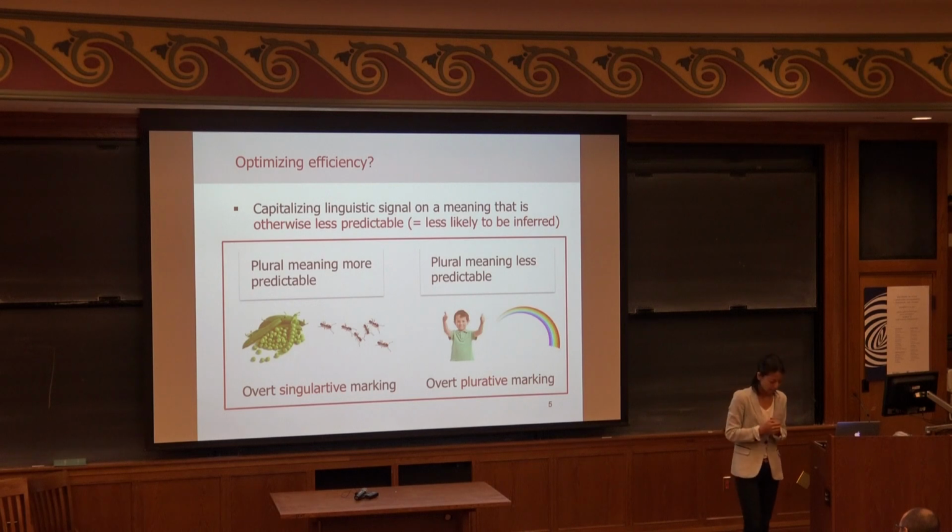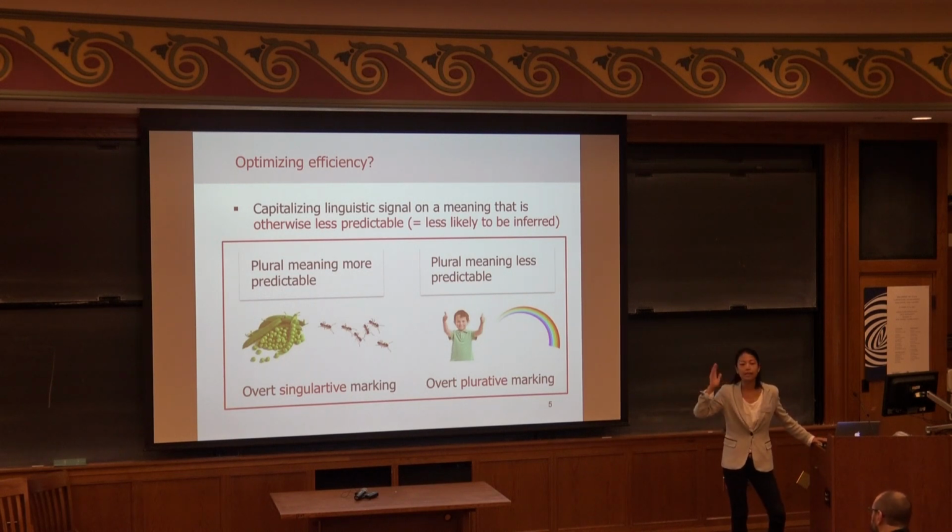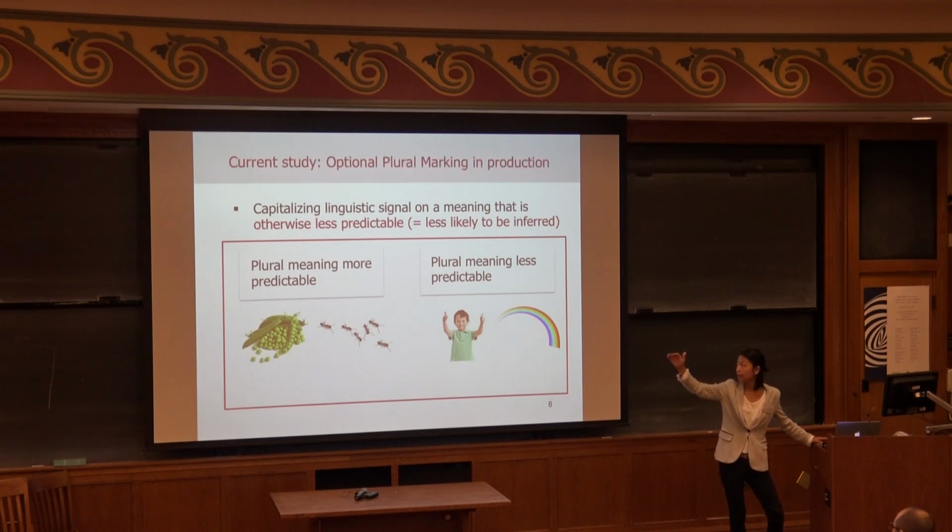So this is a prediction made by some other people and also our group. So this is a hypothesis, and in this study, we want to test this hypothesis in language production behavior. Our idea is that this type of bias or pressure might be at work at the grammatical system level, and also in our spontaneous language production behaviors as well.